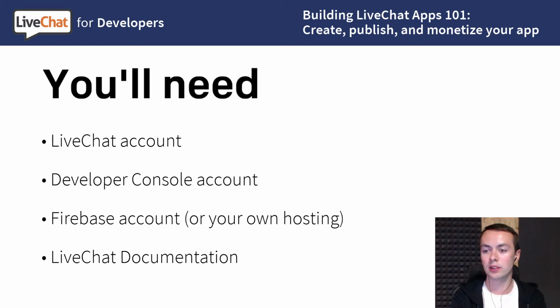We will also need our documentation, of course. It's the documentation for Agent Chat API, the sign in with LiveChat button, and also Agent App SDK. All of the links for all of that are in the description of this webinar, so you can scroll down and they will be there.